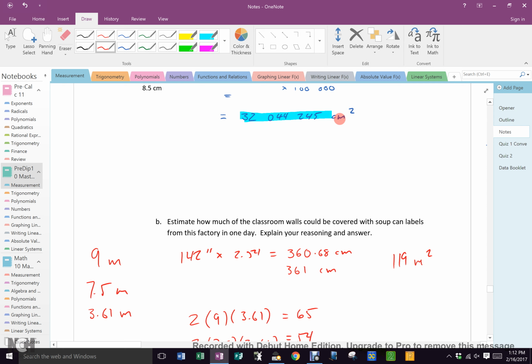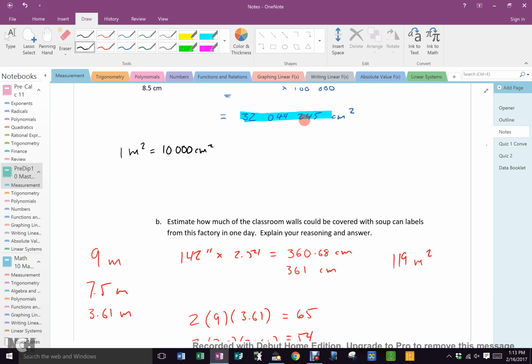Centimeters squared. So I got to convert it, don't I? 1 meter squared. How much is centimeters squared? How much is meters to centimeters once? 100. Am I counting 1 or 2? So it's 100 times 100, right? So it's 10,000, yeah? So 1 meter is 10,000 centimeters squared, right? So what do I do with this number to get to meters? Multiply or divide?